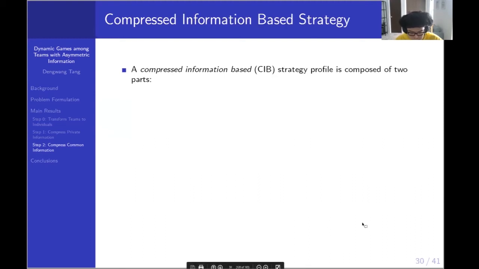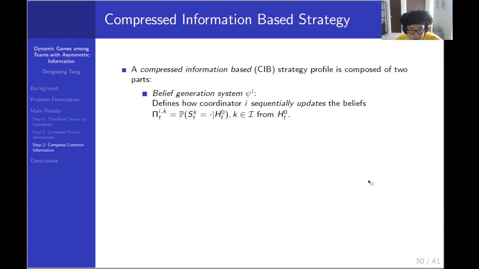So let me describe what strategies we are looking at. We are looking at compressed information-based strategies. Those strategies are described by two parts. The first part is a belief generation system, which is a collection of belief update functions.